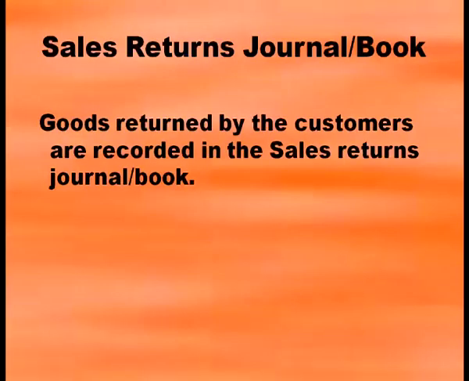We also have to go through the sales returns book or sales returns journal. Goods returned by the customers are recorded in the sales returns journal or sales returns book. Goods may not be up to the quality that the customer has decided, so sometimes goods may be returned.